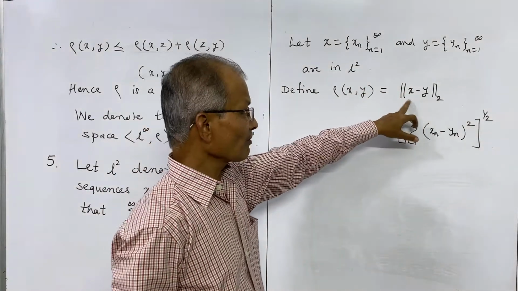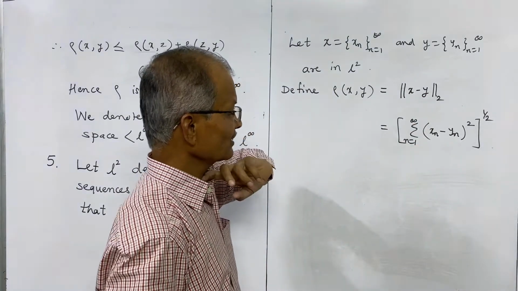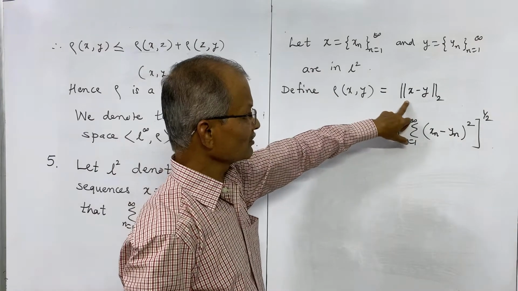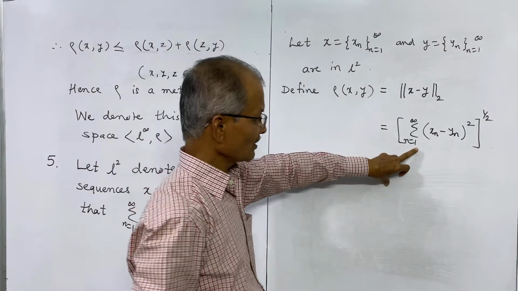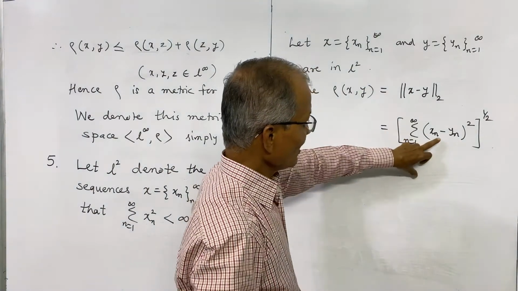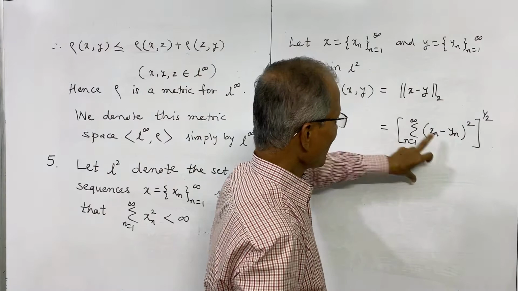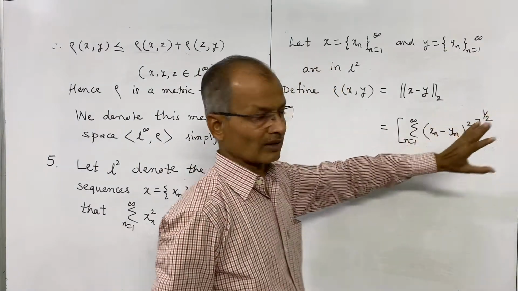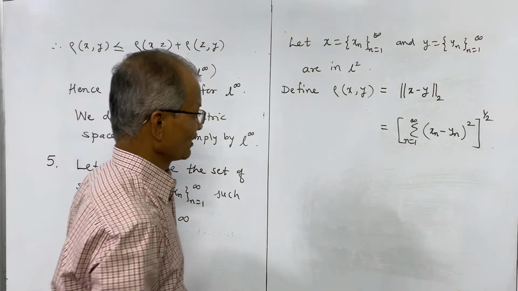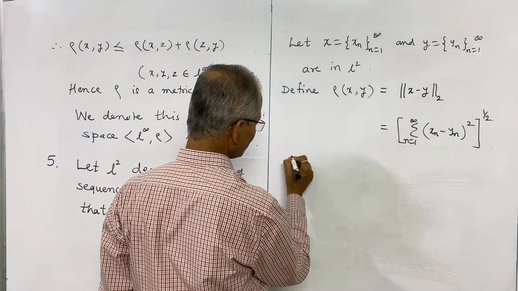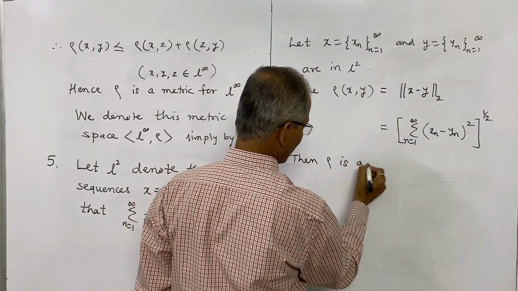So its notation is norm of x minus y, and it is defined as summation of square of xn minus yn, whole raised to 1 by 2. Then we shall show that this rho is a metric.